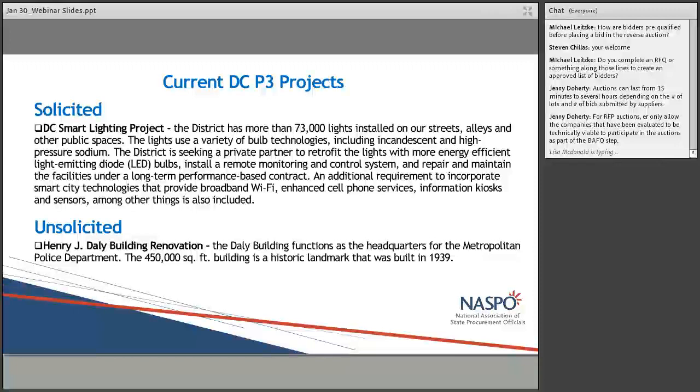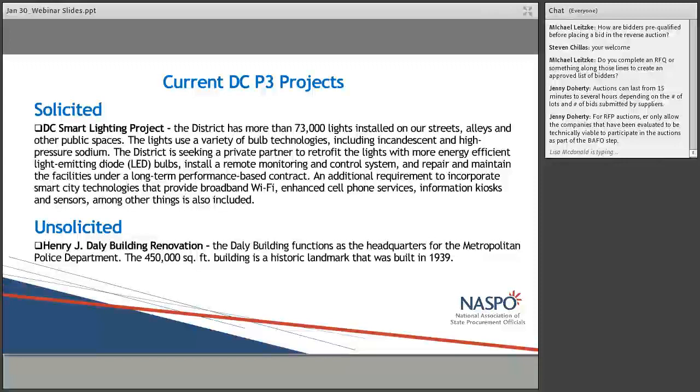Yeah, and then regarding the pre-qualification, when we do auctions as part of an RFP process, and sorry, I see I had a typo in my response, we only allow the companies that have been evaluated by the RFP committee to be technically viable to participate in the auctions as part of the BAFO, or Best and Final Offer step.